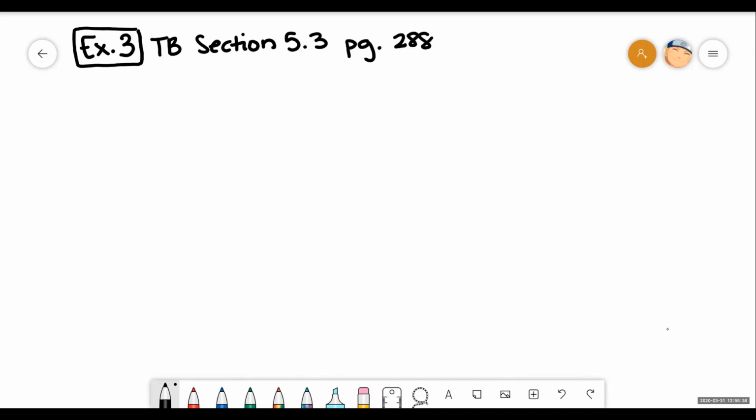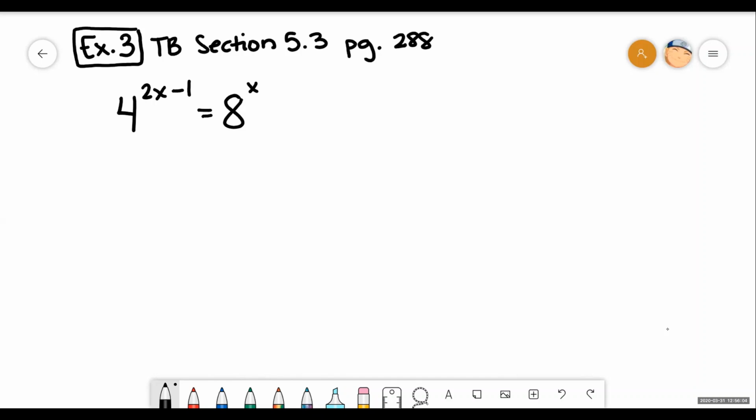Maybe it explains in a different way that would also support your learning. It's there. Okay, so here's example 7 from your textbook. We're calling it example 3 in our notes. And it goes like this. 4 to the 2x minus 1 equals 8 to the x.